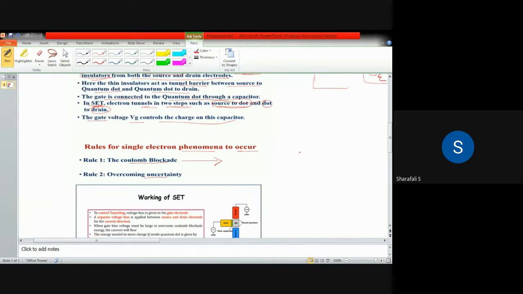If you are considering this quantum dot, which will be having some charge, so electrons will be there inside this quantum dot, and if you are having some amount of electrons in that quantum dot, then that will produce some potential through this Coulombic interaction.